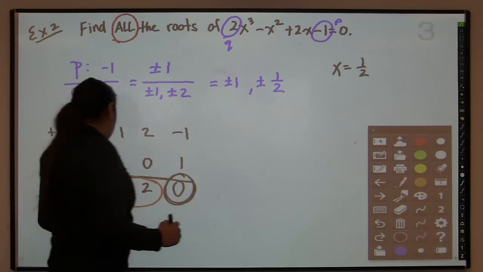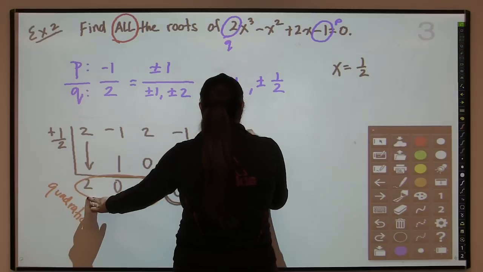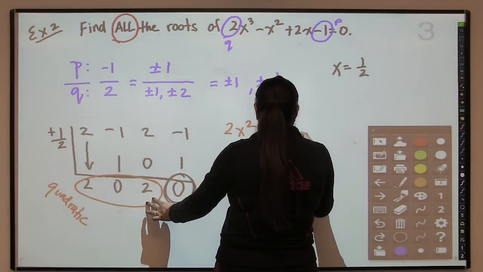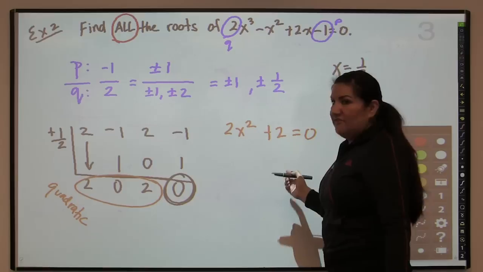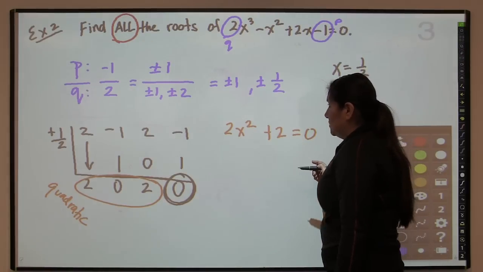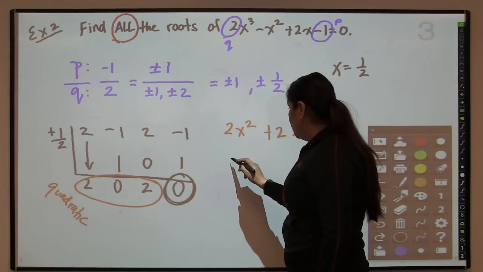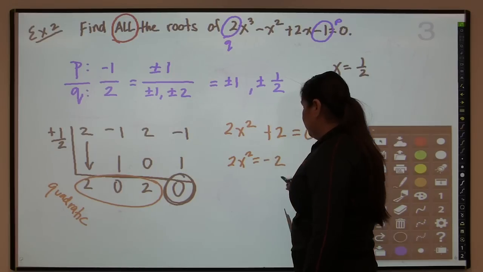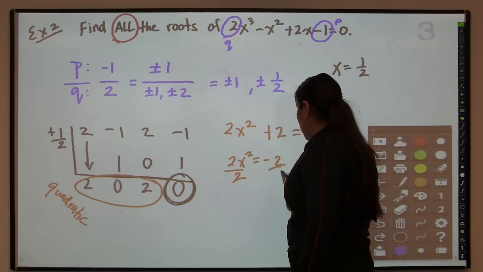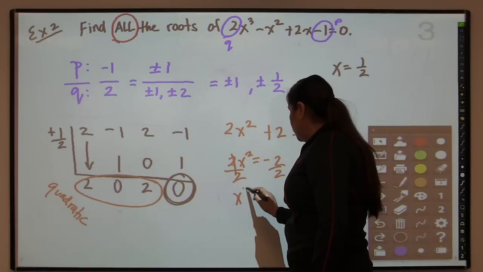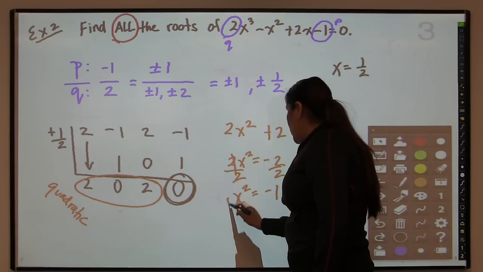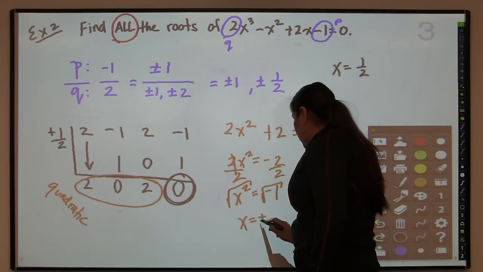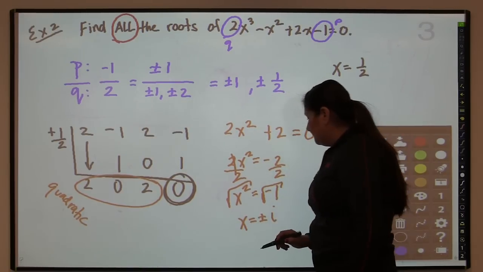So this is actually going to be 2x squared plus 0x plus 2. Now this is not a very complicated problem to solve. I can actually subtract the 2 from both sides, making it a negative 2. Then divide by 2 on both sides, giving me a negative 1. And when I square root, because it's negative, I get plus or minus i.